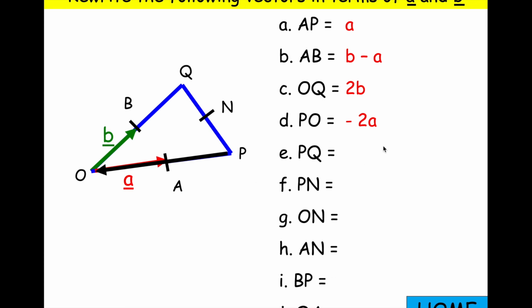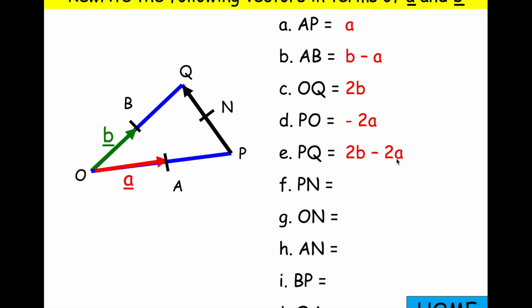And moving on to PQ. Vector PQ is equal to 2B minus 2A. Because if you look at this, vector PQ is equal to 2A, but negative because we are going the opposite direction. So negative vector 2A plus vector 2B.